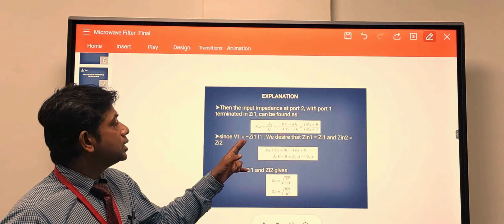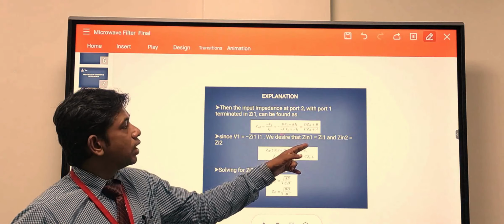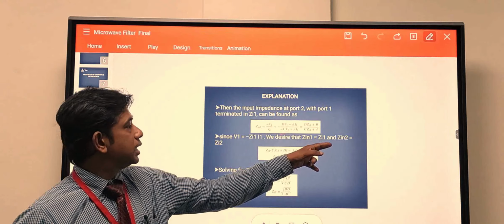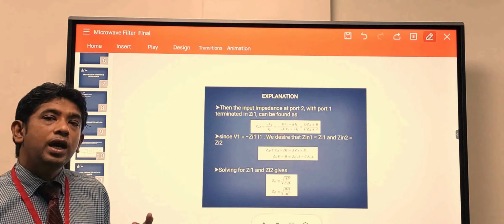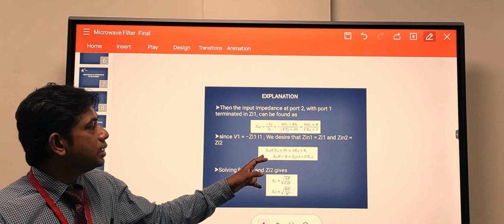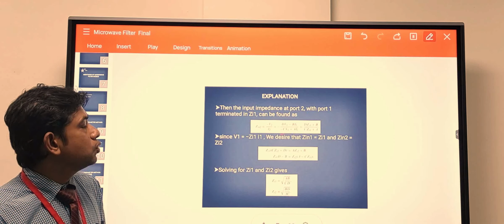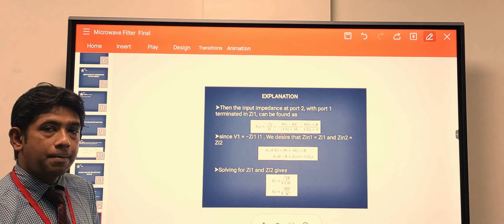Since V1 is equal to ZI1 and we desire that Zin1 is equal to ZI1 and Zin2 is equal to ZI2, that means we want this. So we can write ZI1 into CZI2 plus D is equal to AZI2 plus B.